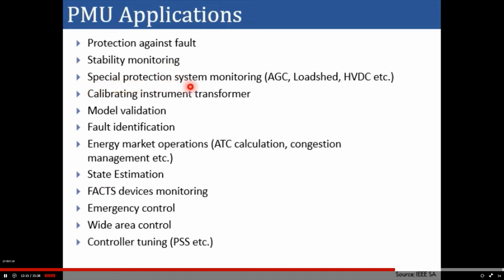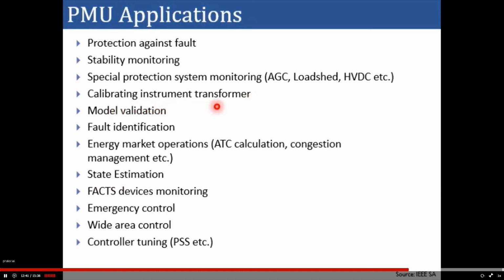Then special protection system monitoring such as AGC, load shedding and high voltage DC transmission can also be done using phasor measurement unit data. We can also do the calibration of instrument transformer, because PMU data is considered to be the most accurate data available for any analysis.